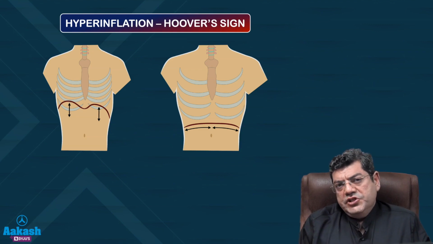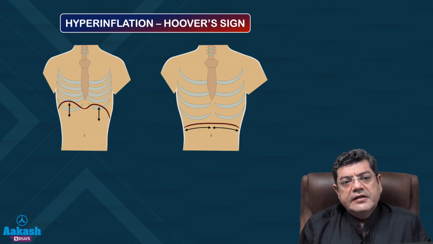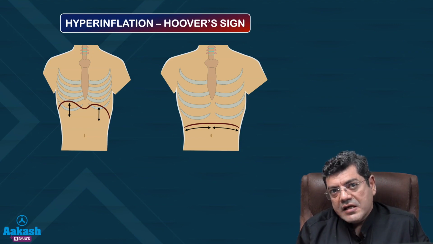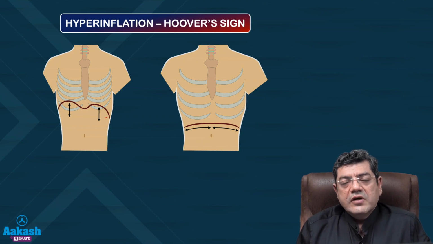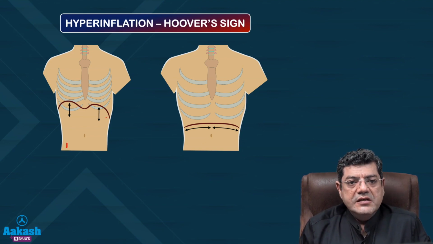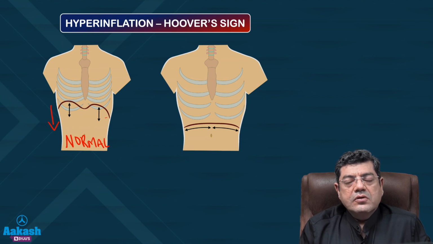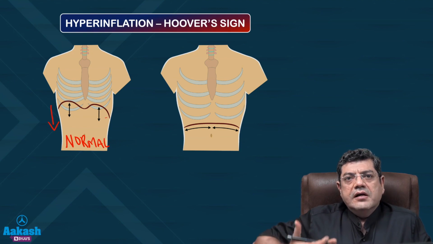So, switching now to how it clinically manifests, one important and interesting sign that you will see, we were discussing hyperinflation, is what is called Hoover's sign. This is the normal individual. You will see that the diaphragm contracts more in a craniocaudal manner, up and down.